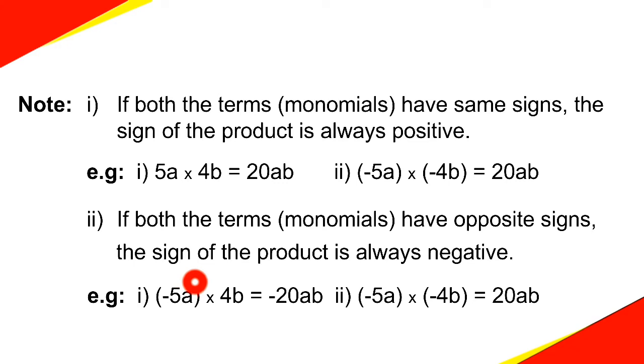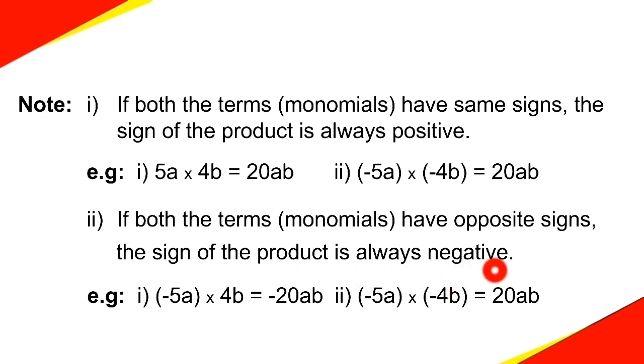Minus 5 into 4b is equal to 5 4s are 20, minus into plus minus, a into b ab. So what we can get as the result? Minus 20ab.